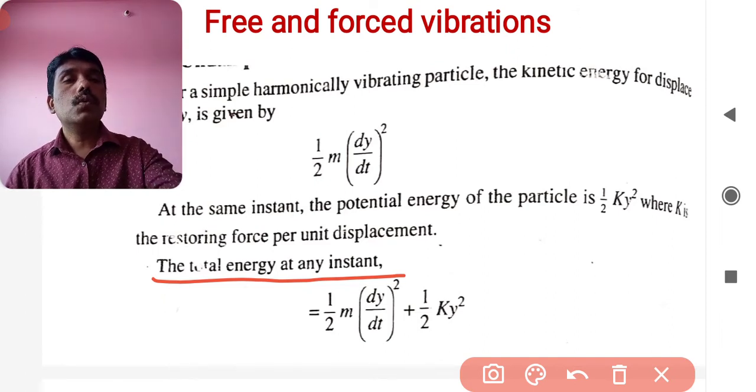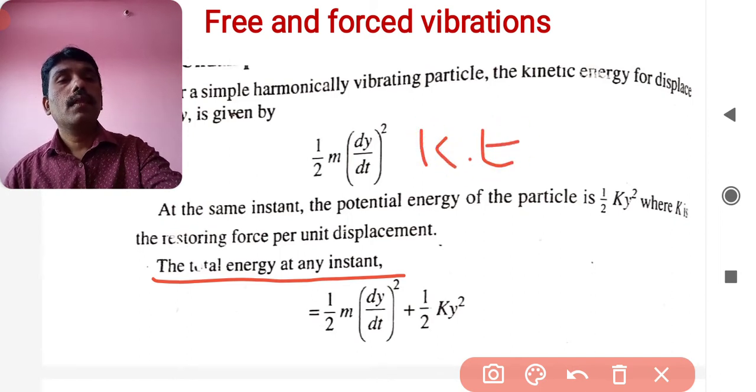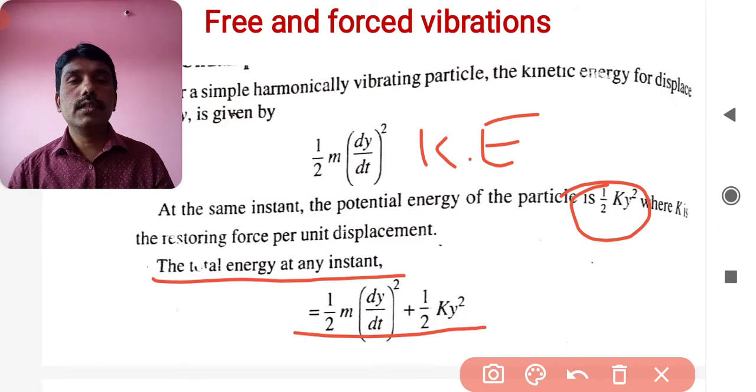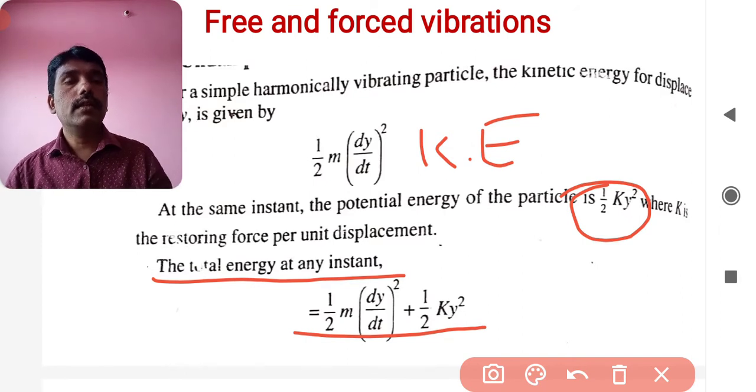Now here the total energy at any instant is nothing but kinetic energy, this is your kinetic energy, and this is your potential energy. So the addition of these two gives you the total energy at any instant, and it is nothing but half m into (dy by dt) whole square plus half k y square.